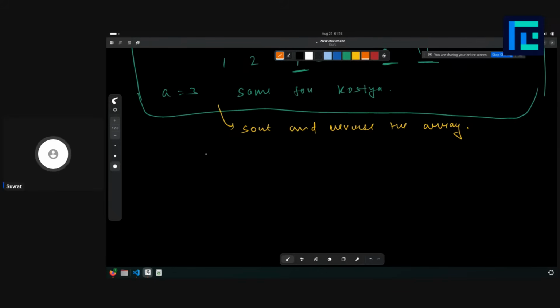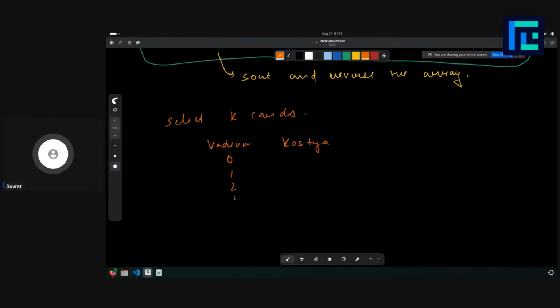Since we need to select k cards, we can either select 0 from Vadim, or 1 from Vadim, or 2 from Vadim, till x, and correspondingly, with 0 we'll select k from Kostya, k minus 1 from Kostya, k minus 2 from Kostya, till k minus x, and also bounded by y.